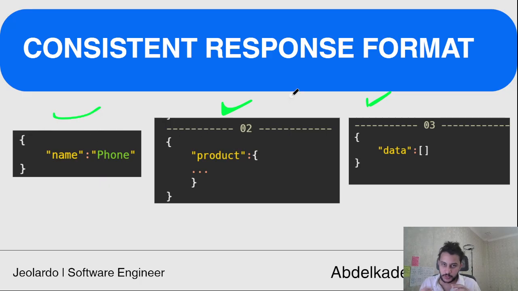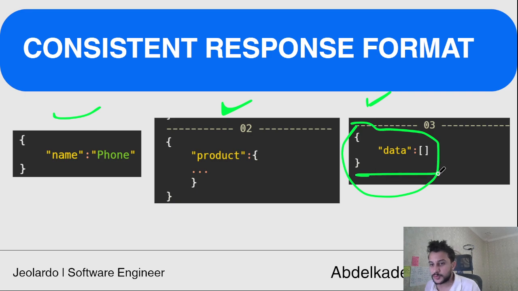No, if you want to choose a format that helps you make a good structure for your response format, keep this format the same for all the resources of your API. So for example, we want to take this. If you use this with user to display, for example, all the users, you must use this for all the endpoints and all the resources.